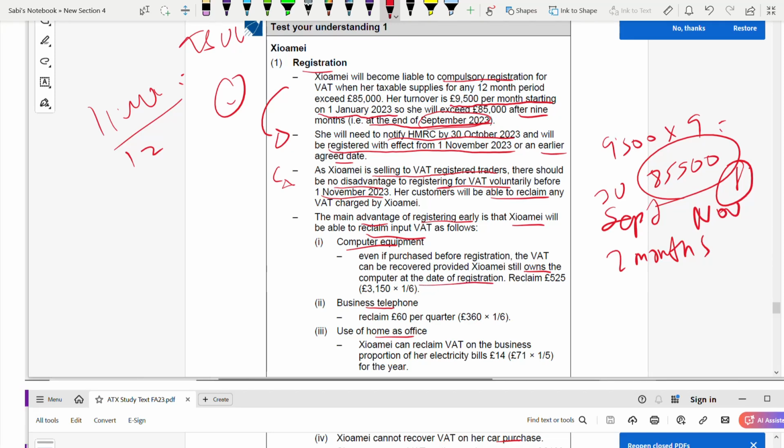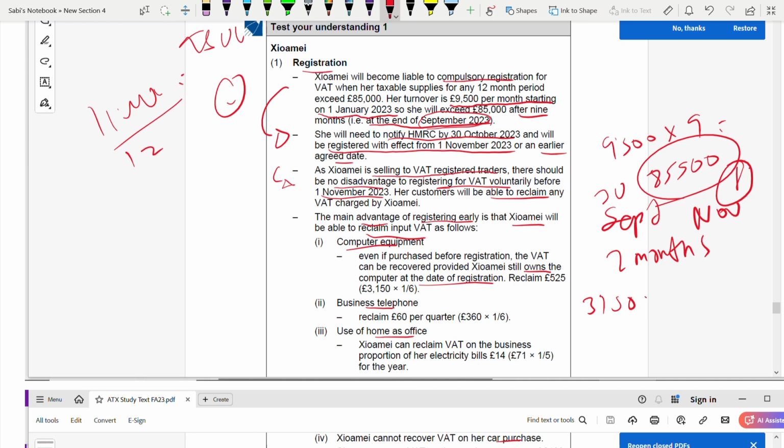If at the date of registration they are still owning the computer, they can reclaim the VAT. How much will be the VAT?